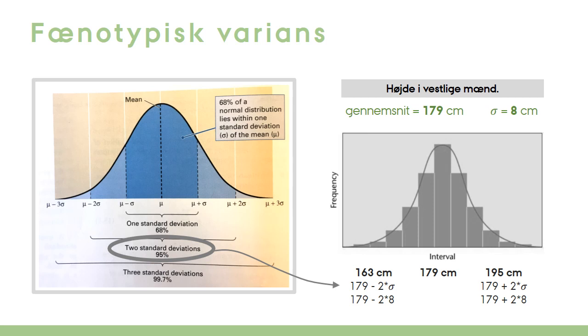And then when we go to the right, 1 meter 95, same way but plus, so 179 plus 2 times 8. And this tells us that 95% of the observations, that being the height of men in the West, will fall between 1.63 meters and 1.95 meters. And the other parts, those are the special men, the short guys and the tall guys.